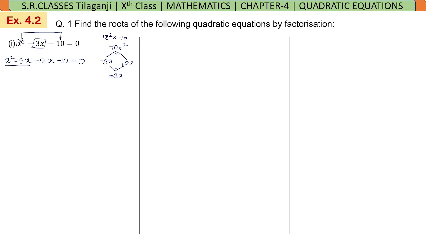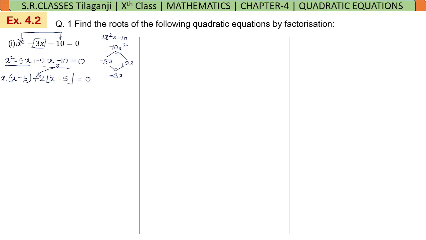Now split these into two terms so that we can take a common factor. Here x is common, 1x we have taken outside, 1x will remain inside and x has gone outside, so only 5 will remain. Now in 2x and 10, 2 is common, so 2 ones are 2, only x will remain. Then here we need to multiply these signs, plus and minus. Plus minus will be minus, then 2 times how much is 10, 2 fives are 10, x minus 5 is equal to 0.